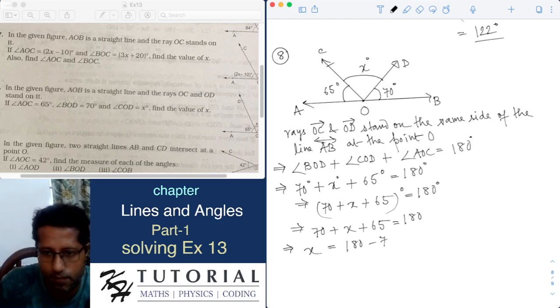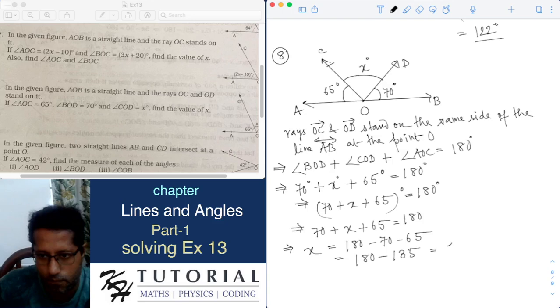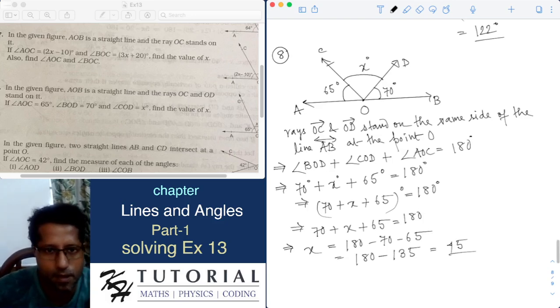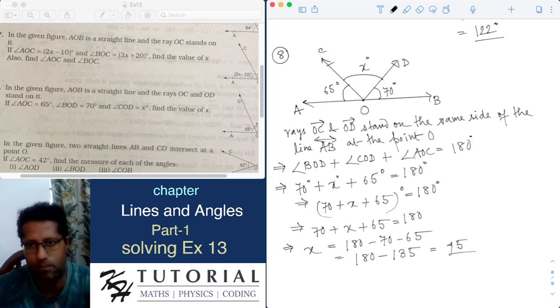We get 180 minus 70 minus 65. This is 180 minus 135, which is 45. So X is 45.